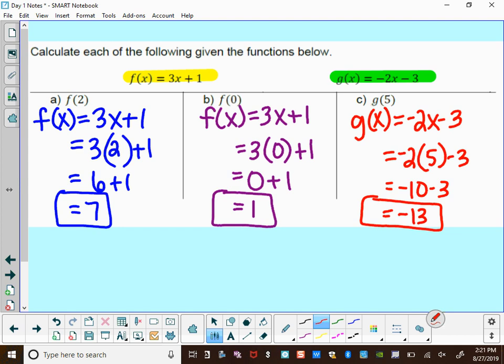How'd you guys do? Okay, if you're still working, that's perfectly fine. Keep working. I just want you guys to understand exactly what the process was up here, so you can check your work. For some of these, you can just plug it right into your calculator.